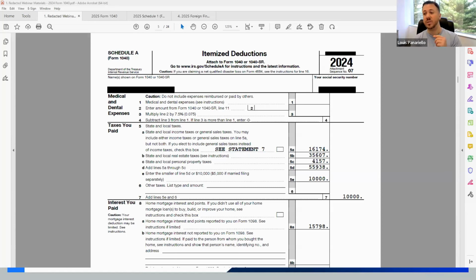First and foremost, you have to remember that if they're going to take the standard deduction, both spouses have to use the standard deduction. If one spouse is going to itemize deductions, both spouses have to itemize deductions. That is what is known as the uniformity rule. As far as who can claim each of the deductions, it really comes down to who's paying it. Mortgage interest is typically jointly paid, and you're allowed to split that mortgage interest 50-50 if you want to.